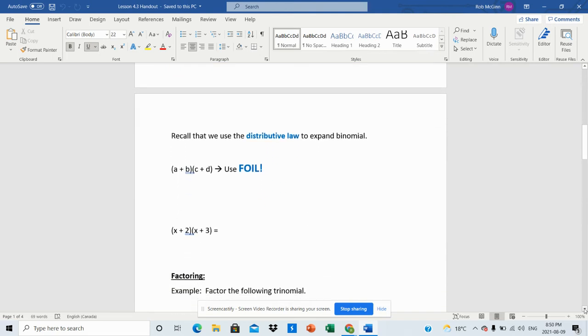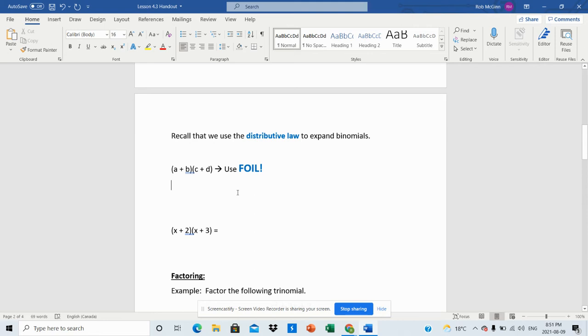So we're going to go through some examples of this. But first, we'll refresh our memory a little bit on the distributive law to expand binomials. Not one, but two binomials. So if we have a plus b and we multiply that by c plus d, remember, use FOIL.